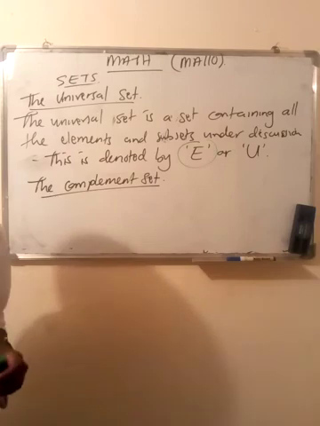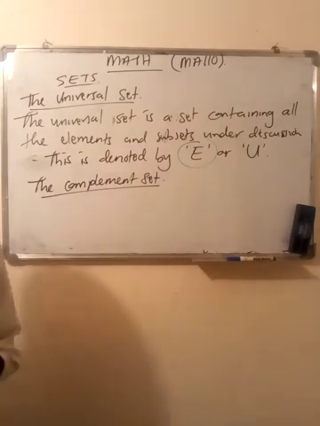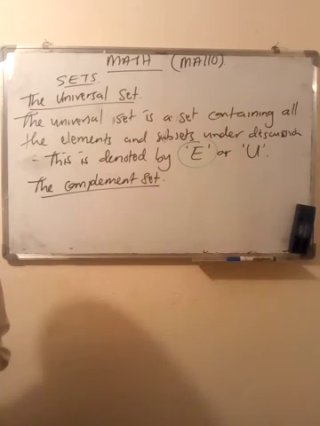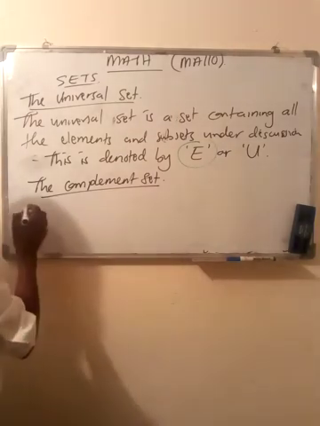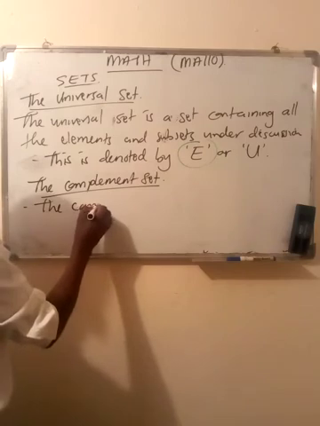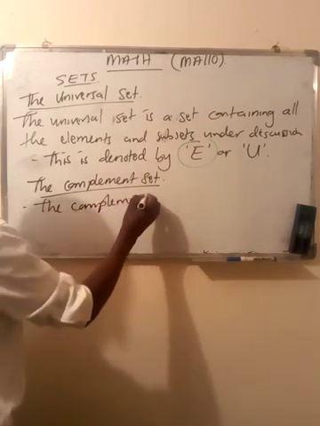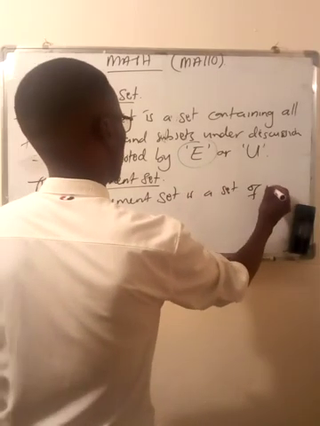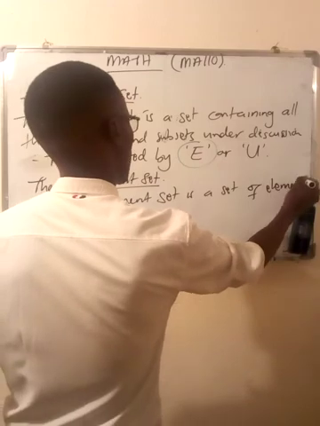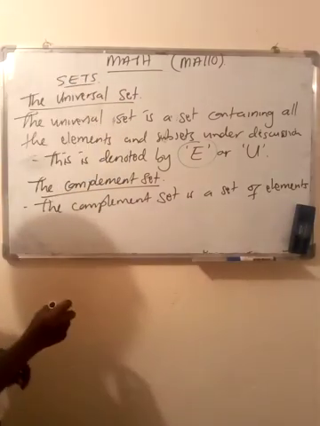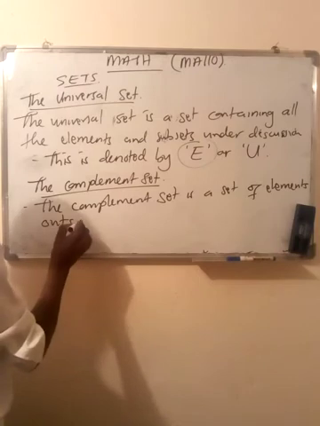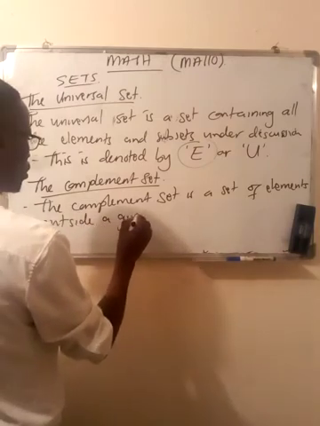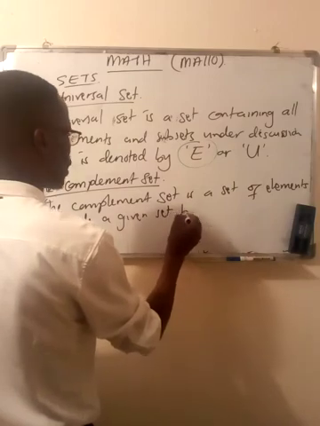So what we're saying is that the complement set is a set of elements outside a given set, but within the universal set.